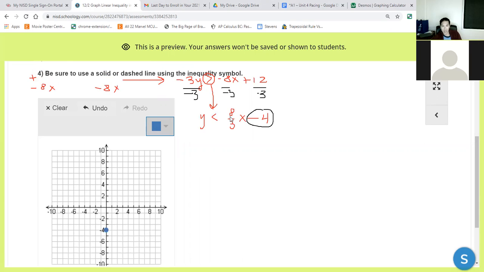Then I move up 8. 1, 2, 3, 4, 5, 6, 7, 8. And then I go to the right 3. So from here, go to the right 3. So there's my point. So just to show you, I went up 8, 1, 2, 3, 4, 5, 6, 7, 8.